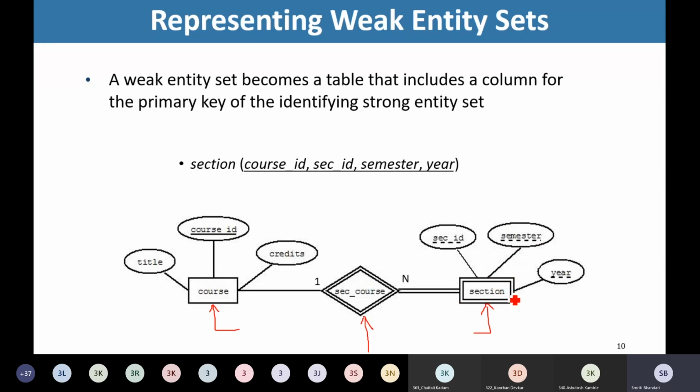So to prepare the primary key for this table, I will use all these partial keys along with the primary key of the corresponding identifying entity set. So the primary key for this section would be course ID, section ID, semester and year.